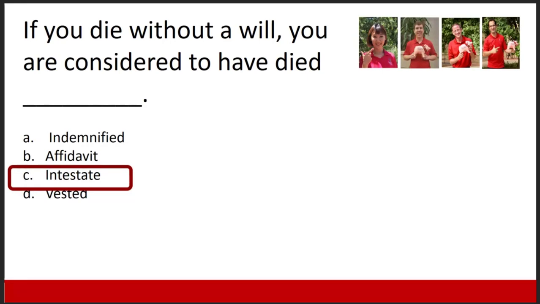So you cannot make money, you just can cover your losses. So A is just an insurance term. But intestate means that you die without having a will. And if you have a will, you are considered to have died testate.